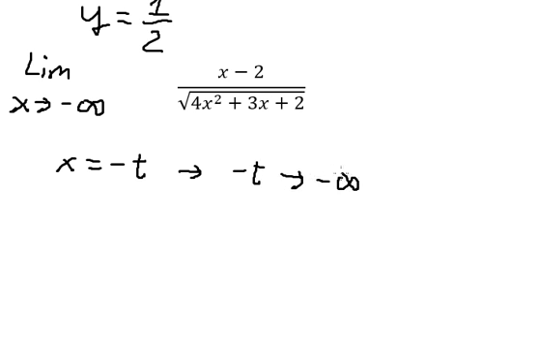So negative t approaches negative infinity, because we have the negative sign and negative sign, so we change into t approaches positive infinity. About x, we change it by negative t.